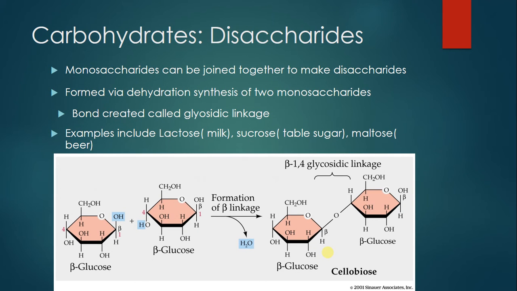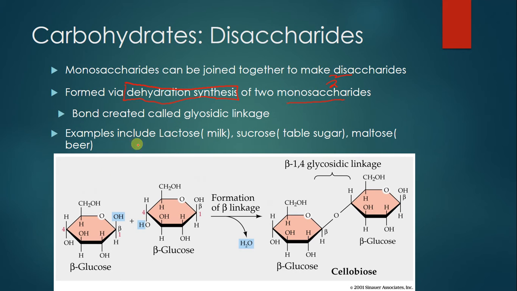So we can build longer carbohydrate chains from our monosaccharides. We can join them together to make disaccharides. They have 2 sugars tied together. And those, ta-da, coming back, are formed by our dehydration synthesis reaction of 2 monosaccharides.